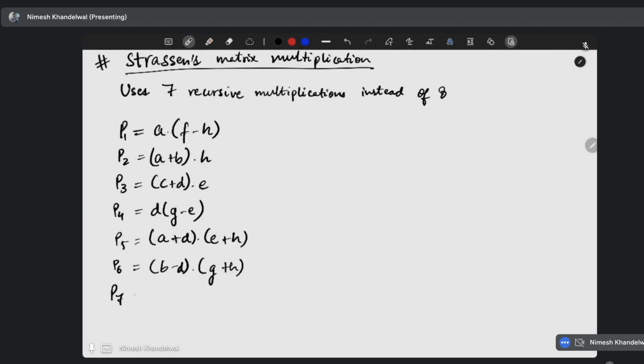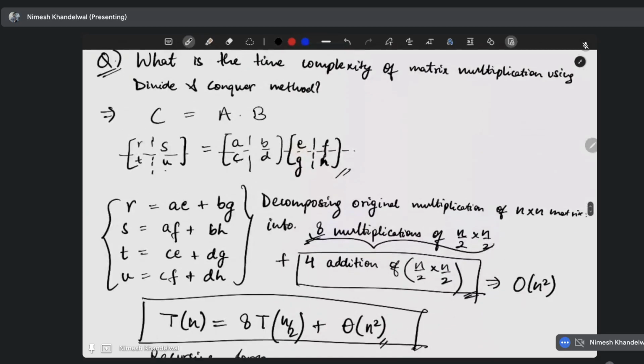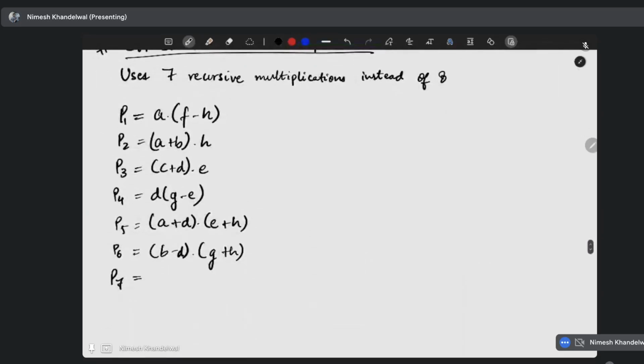So, and above every term contained 2 multiplications. So total it was 8 multiplications, and here including P7 we have only performed 7 multiplications, right?